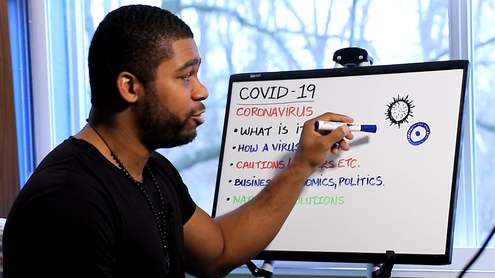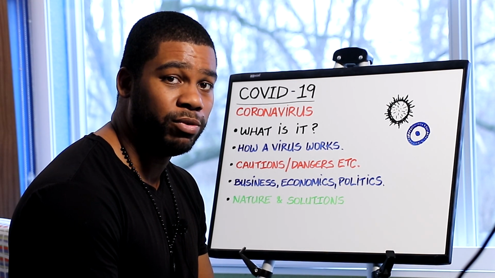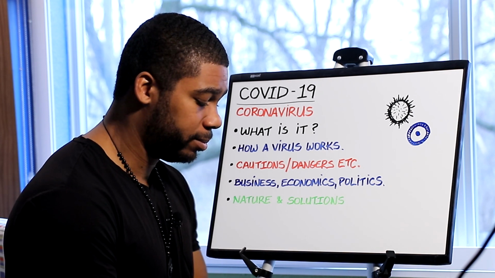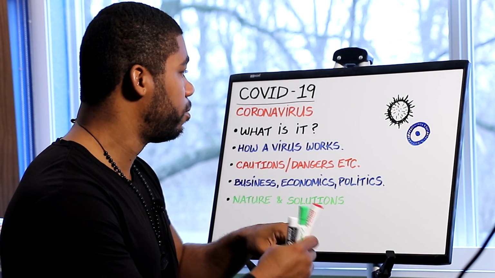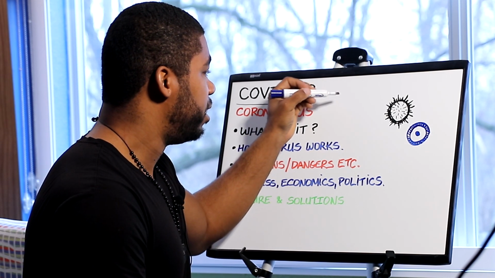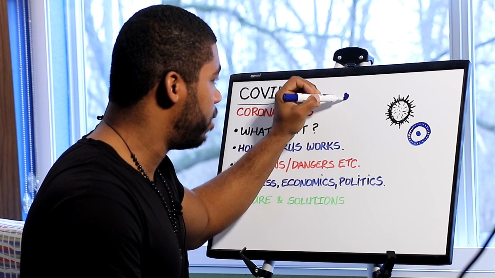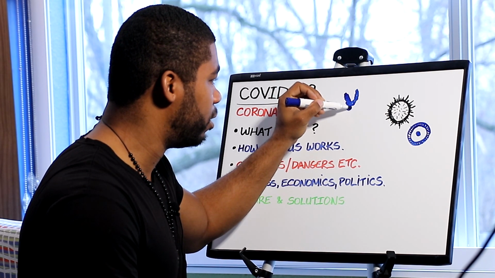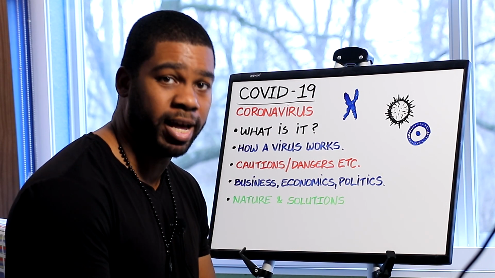Now, the issue here with this virus is it's an RNA virus, or ribonucleic acid. So a little bit more understanding, right? You have what they call chromatin or chromosomes, which you can think of like a ball of yarn wound up really tight. If it's a chromosome, it's wound up really tight in the shape of an X. You know, they have the XY chromosome.